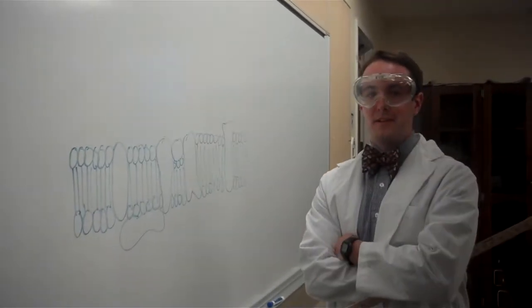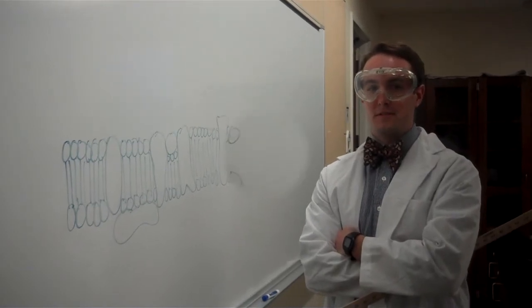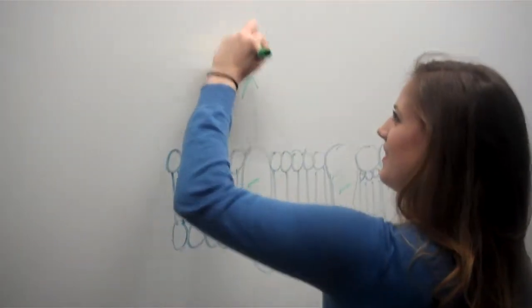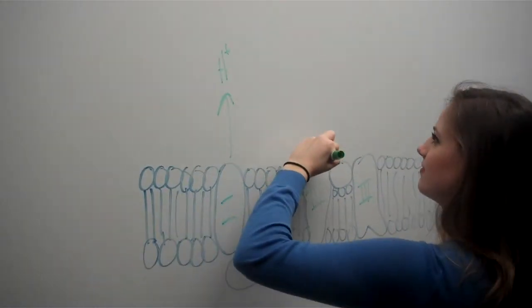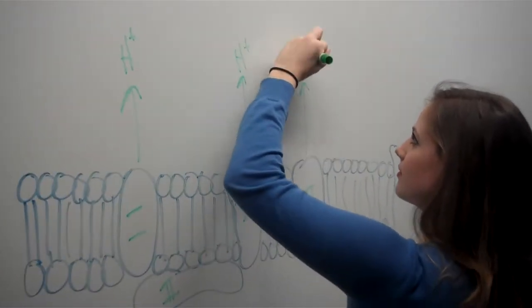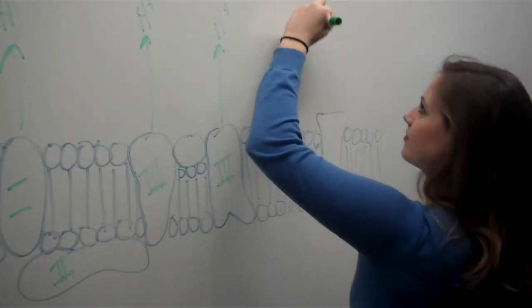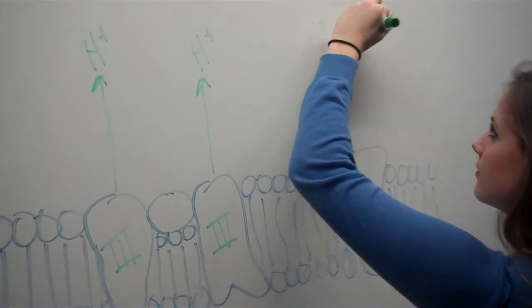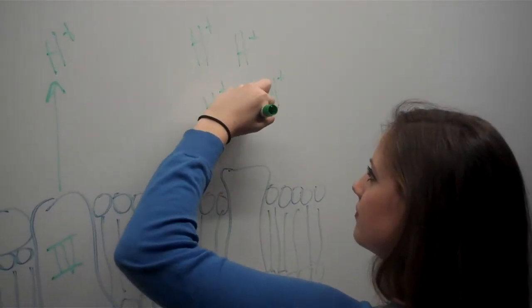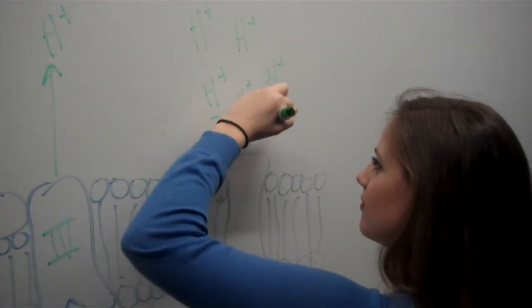Now let's take a closer look at how ATP synthase works in the mitochondria. The chemiosmotic theory explains how hydrogens flow from high to low concentrations, generating kinetic energy to phosphorylate ADP to ATP. The pumping of hydrogens from complexes 1, 3, and 4 creates an electrochemical gradient across the inner mitochondrial membrane.